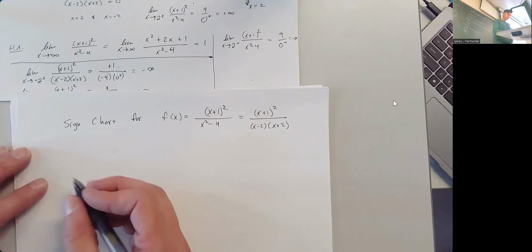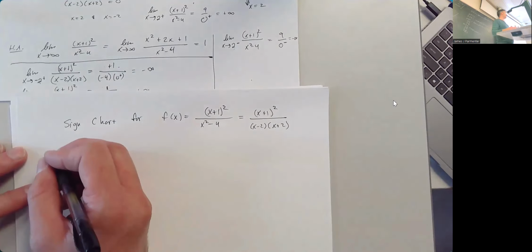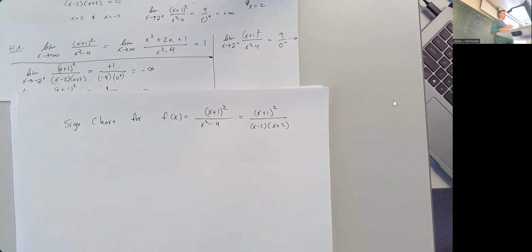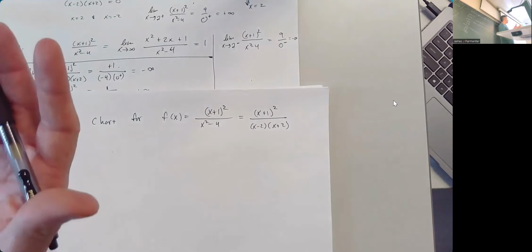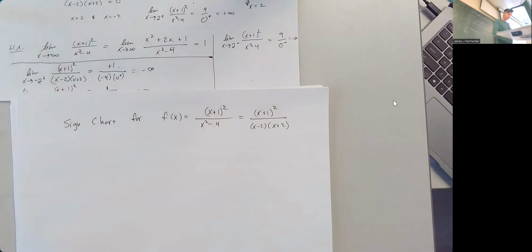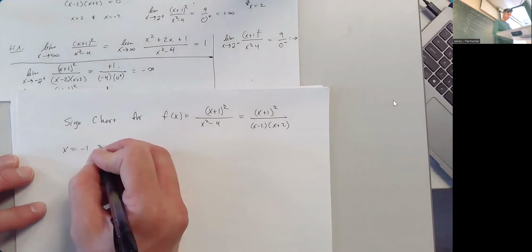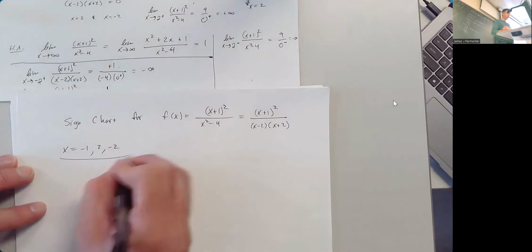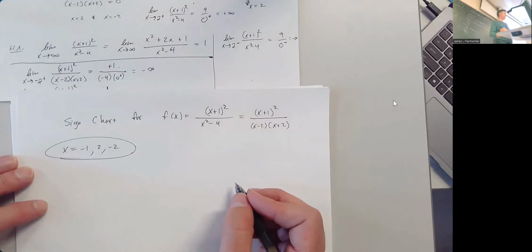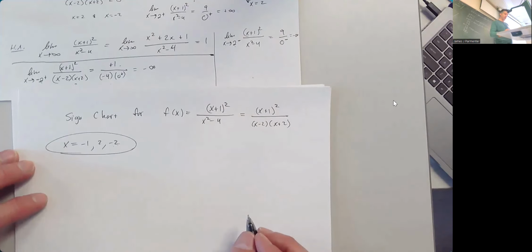So first, we're going to identify any important x value, meaning anything that either makes this equal to 0 or undefined. So basically, identify the places where you have vertical asymptotes or x-intercepts. So on our sign chart, we're looking at x equal to -1, +2, -2. Those are the important numbers on our sign chart. Notably not 0. I don't care about 0 at all.